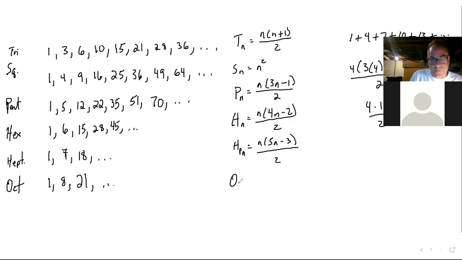And so, yep, you would suspect that the octagonal would be n times 6n minus 4 divided by 2. I didn't put nonagonal down there. There will be a problem dealing with nonagonal, but its formula would be n times quantity 7n minus 5, all divided by 2.